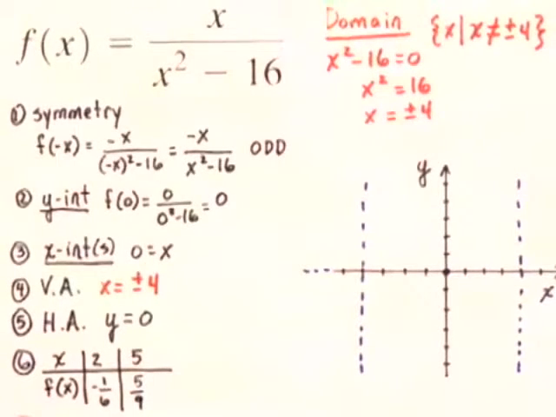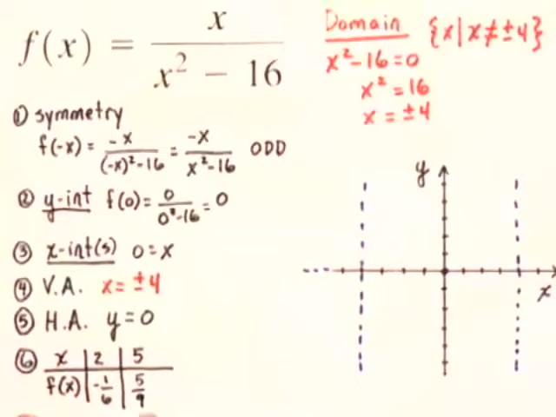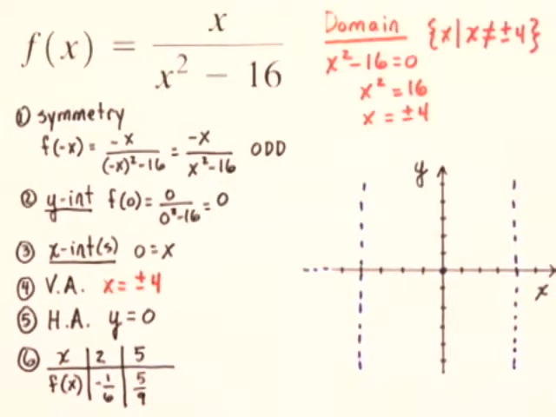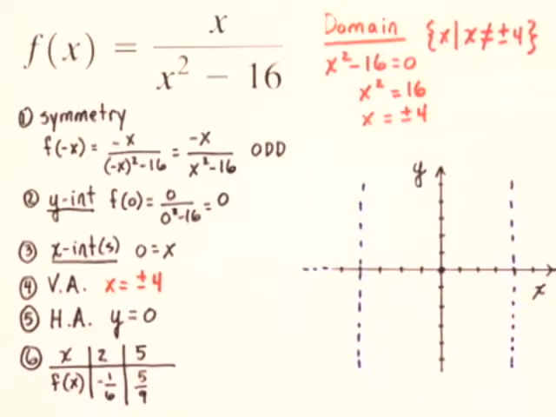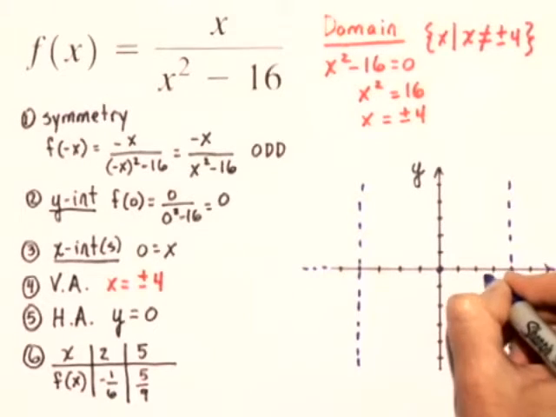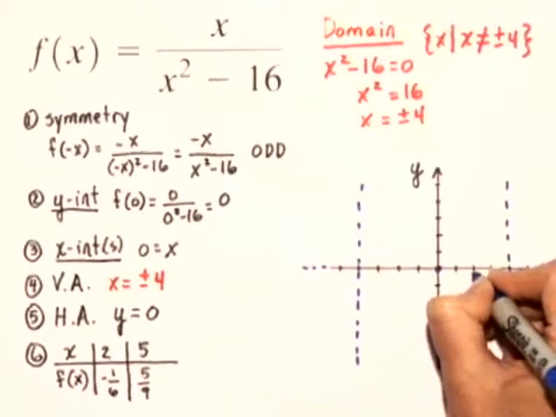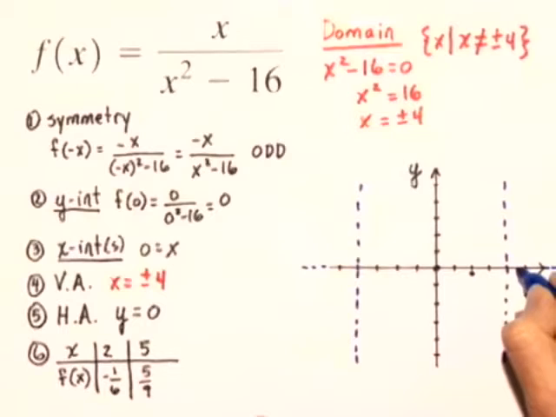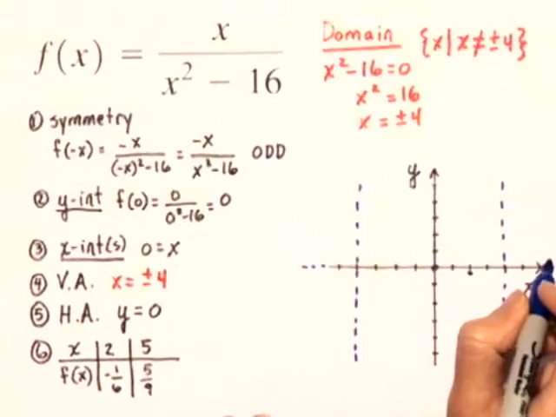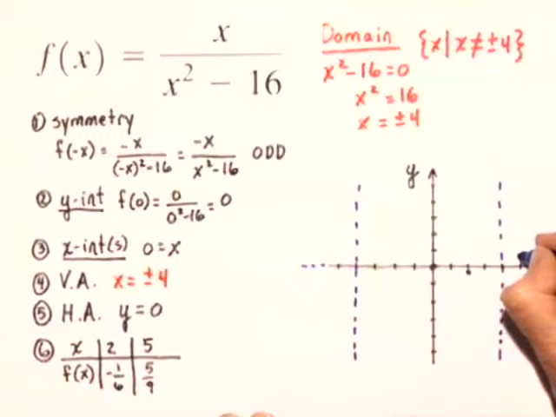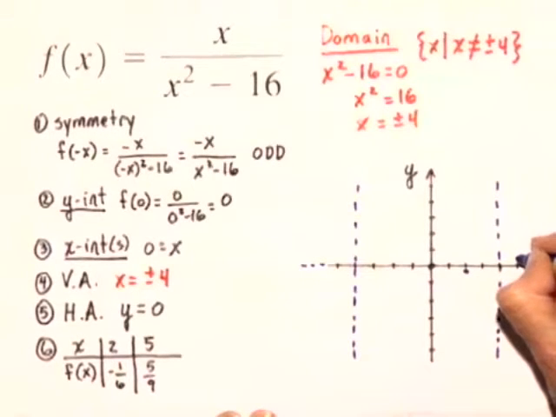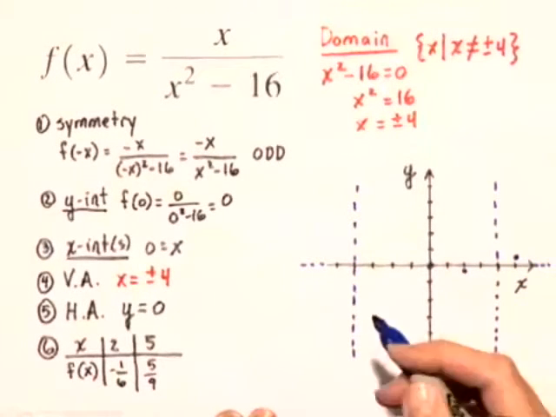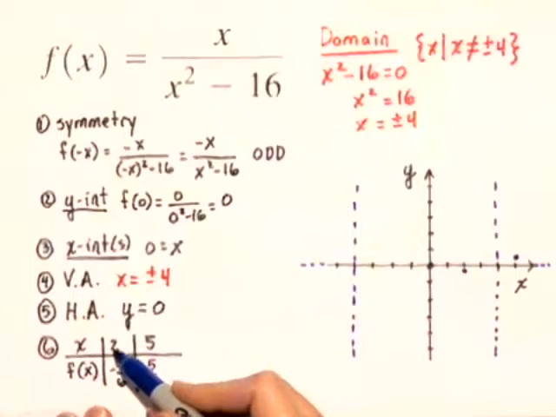Now, let's plot these 2 points, and then we'll use symmetry to plot 2 more points. So we have the point 2, comma, negative 1/6. And we also have the point 5, comma, 5/9. Right about here. So we're also going to have another couple of points.